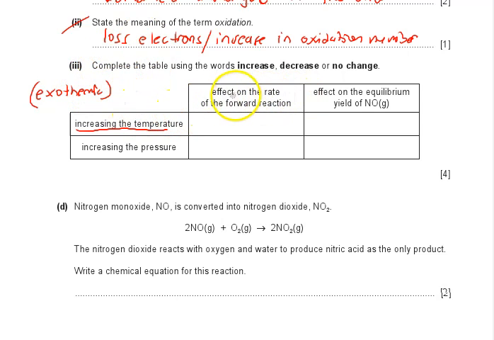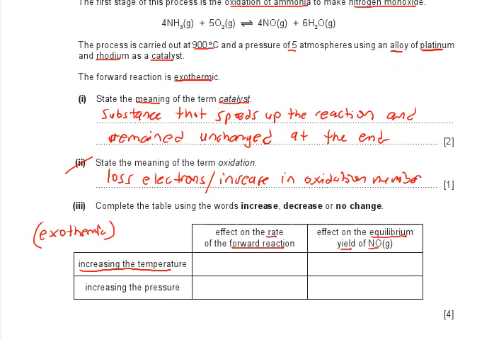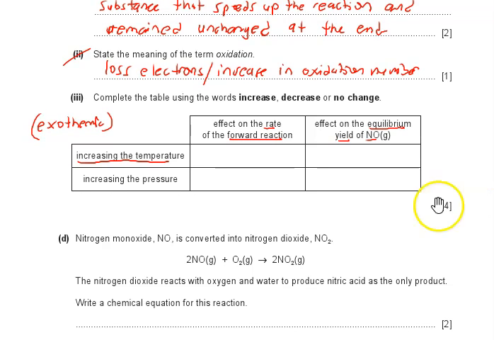Effect on the rate of the forward reaction and effect on the equilibrium yield of nitrogen oxide. Nitrogen oxide is the product here. The rate does increase, but the yield will decrease. If you increase the pressure, here will be increase and here will be decrease.